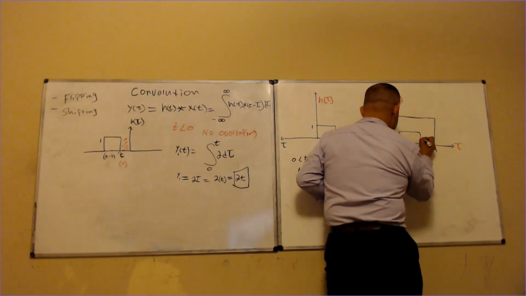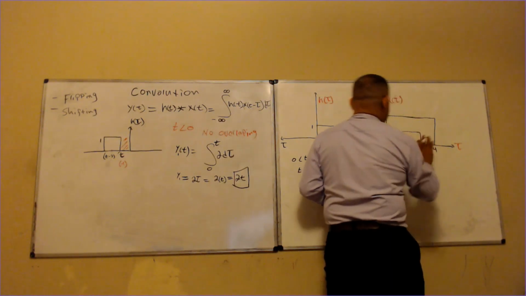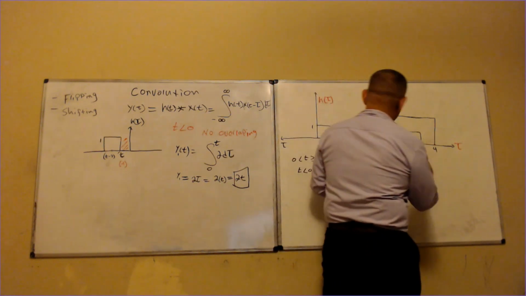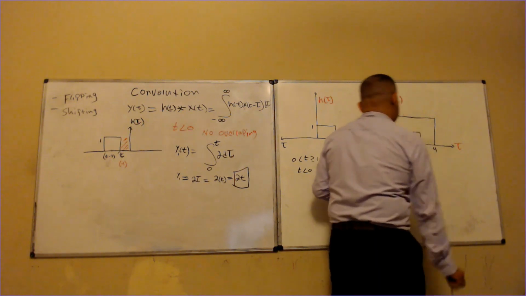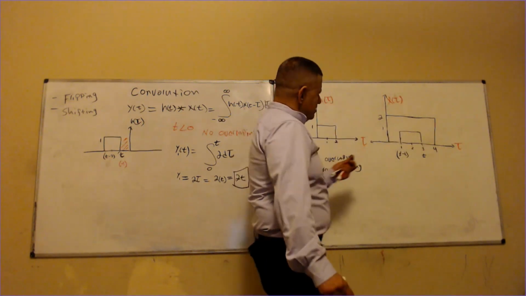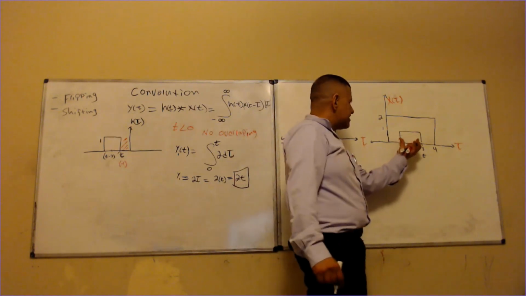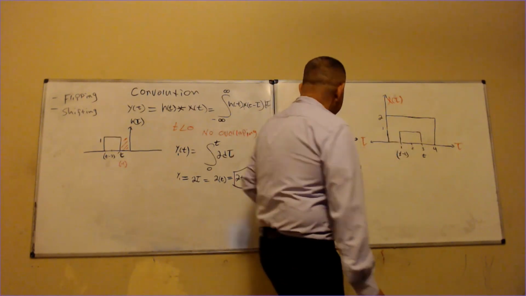Alright, so now this is t minus 1. I'm sorry, t minus 2. This is t now. Notice that I still have another region of overlapping, right? Obviously there's no overlapping here.